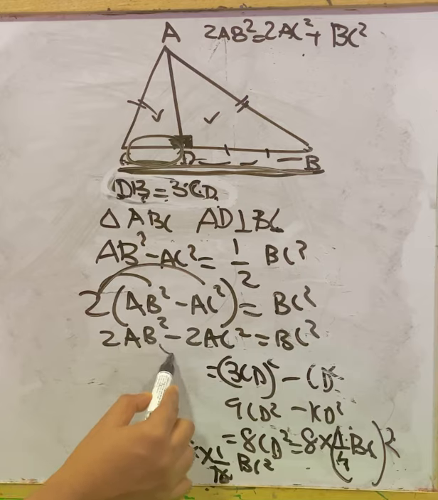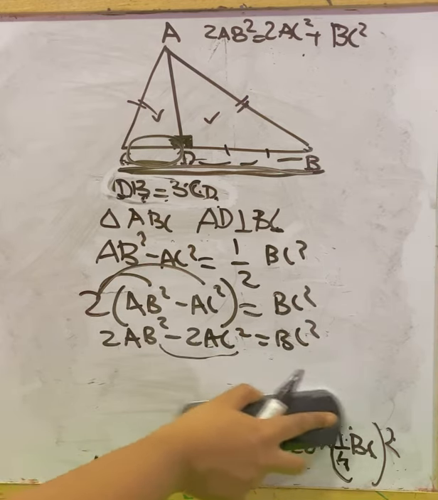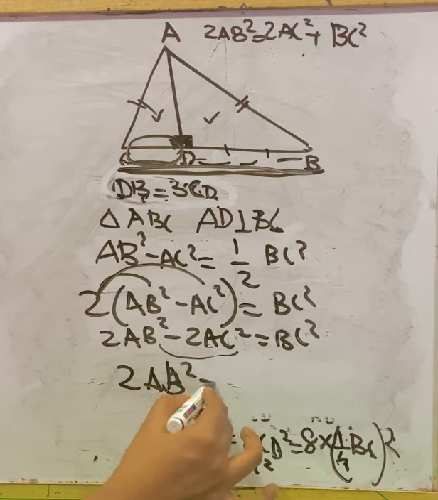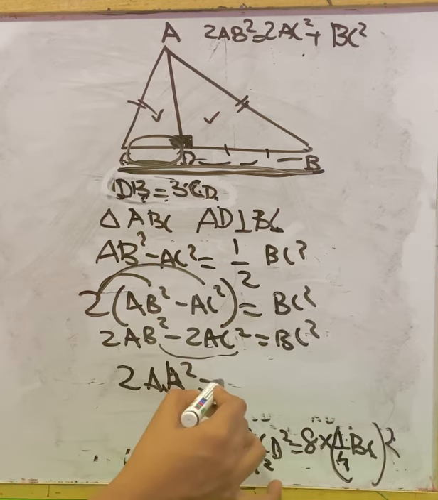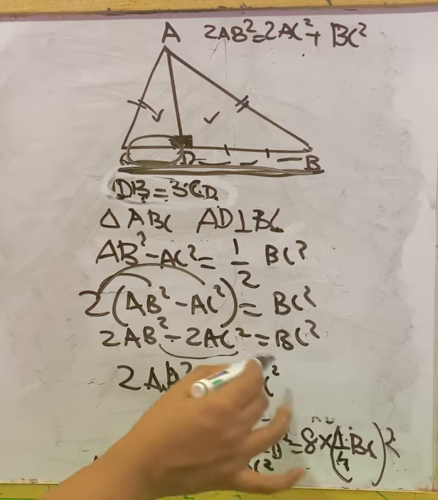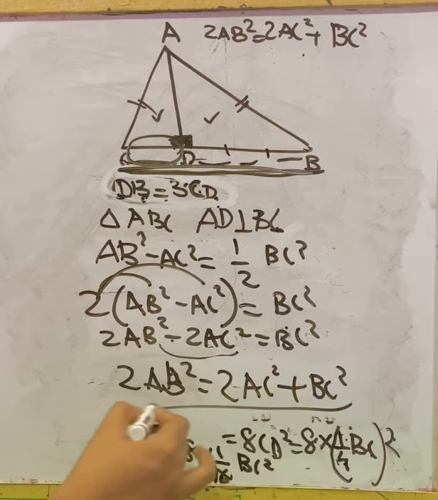So we will take this minus 2AC square to the RHS. Then we will get the result. On the LHS part we have 2AB square; the 2AC square, while taking to RHS, becomes positive 2AC square. This negative gets cancelled, it becomes positive. Here we already have BC square. This is what we have to prove.